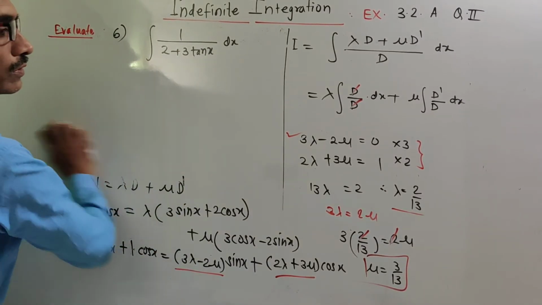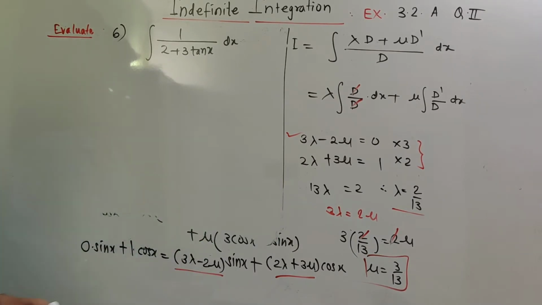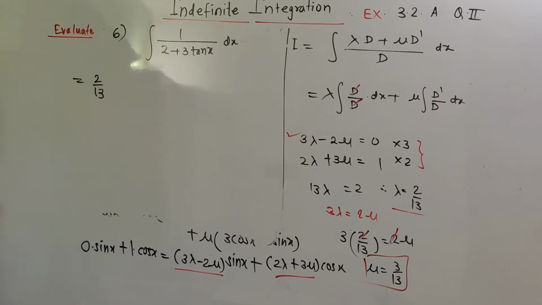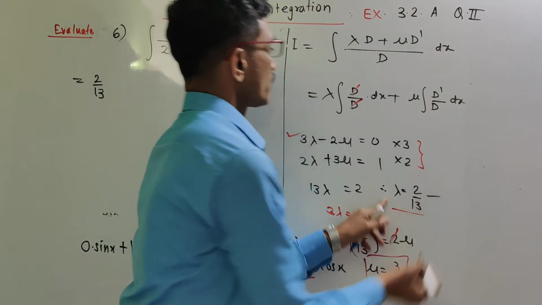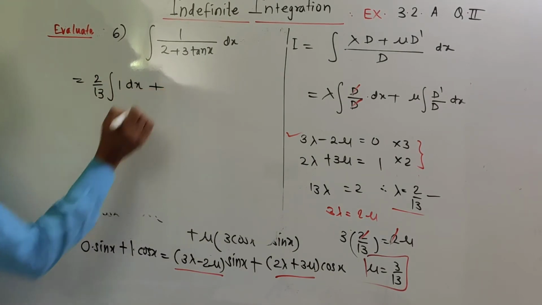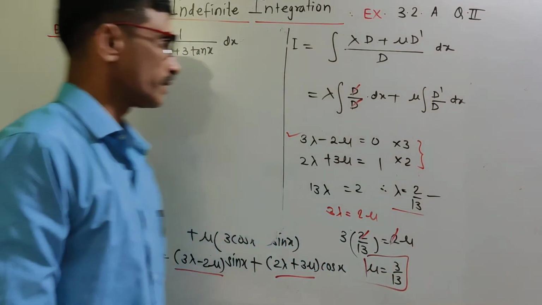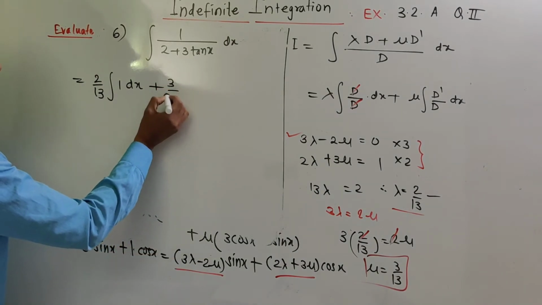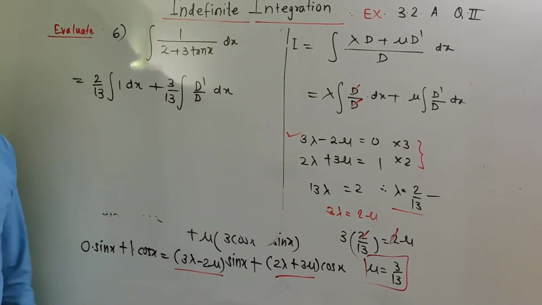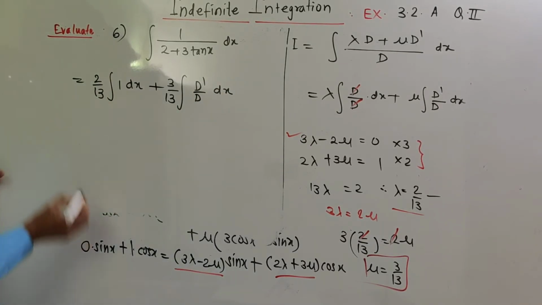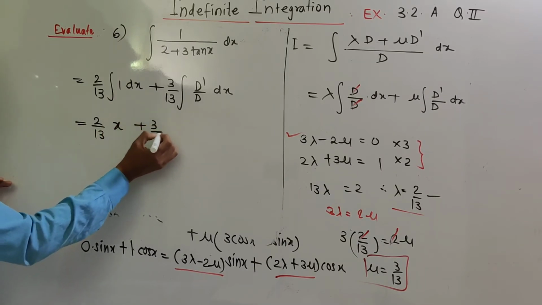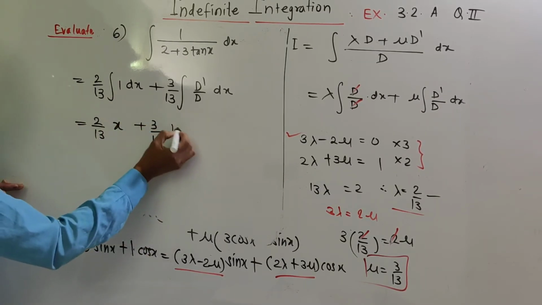Lambda is equal to 2 upon 13, so which will be 2 upon 13 into 1 dx plus mu is 3 upon 13 into d dash upon d. Its integration is log d. The integration of 1 is x, so 2 upon 13 x plus 3 upon 13 log of d.